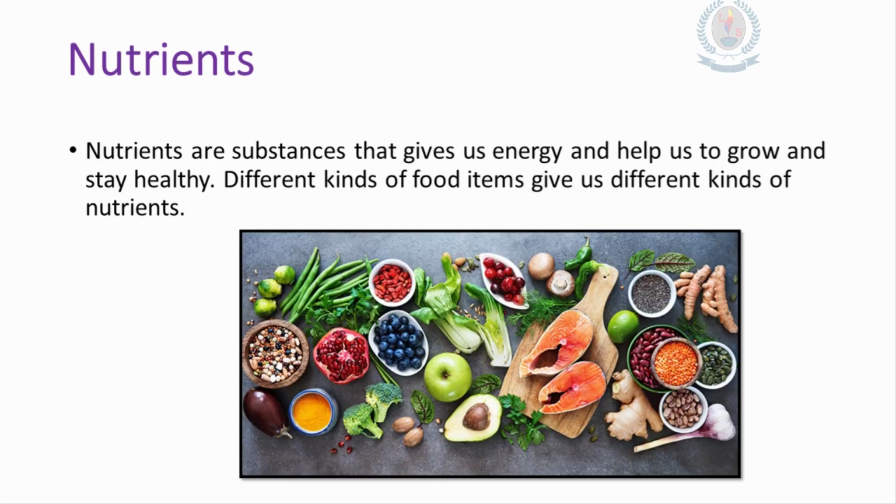Okay, the new part is about nutrition. So we are going to learn what nutritions are. Nutritions are substances that give us energy and help us to grow and stay healthy. Different kinds of food items give us different kinds of nutrition. So you can see the picture available on the slide now, with different varieties of food.